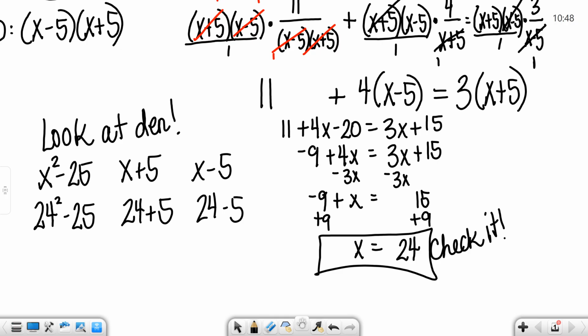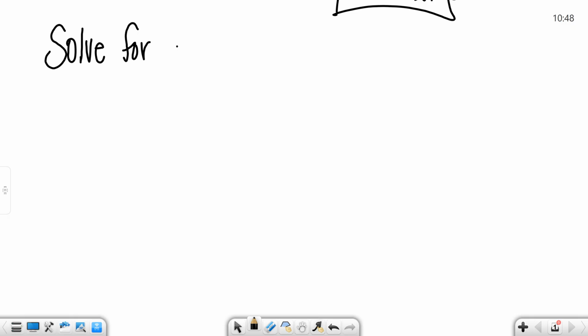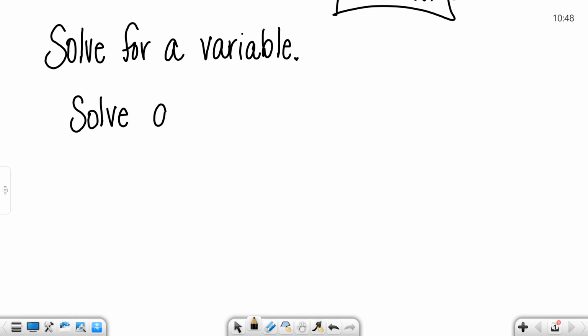All right, one last thing in this section, and you're going to love this, it doesn't involve very many numbers. It's solving for a specific variable, okay? Solve for a variable, and it'll tell you which variable to solve for, all right? So I'm going to give you this equation.